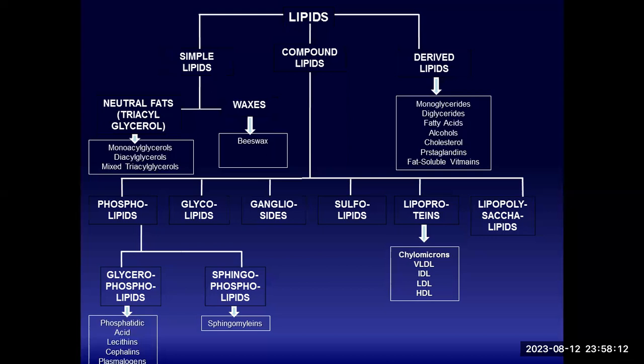Then we have the glycolipids, in which carbohydrates are present in the lipids, and the phospholipids are of two types, depending upon the type of the alcohol that they contain. That is the glycerophospholipid, those phospholipids which contain glycerol as alcohol. Then sphingolipids, these are the ones which contain the alcohol sphingosine.